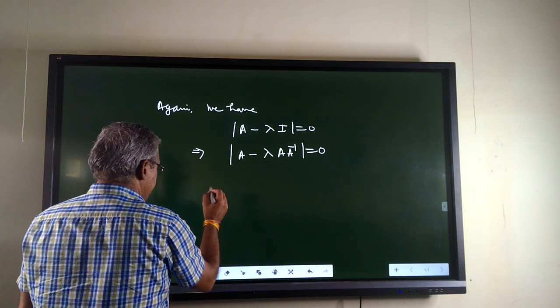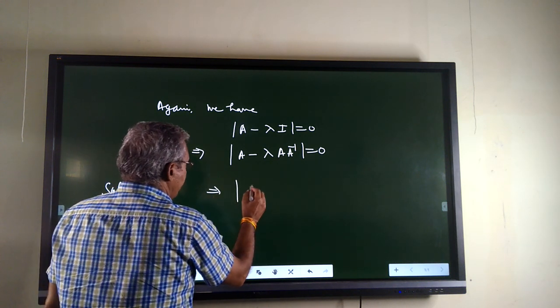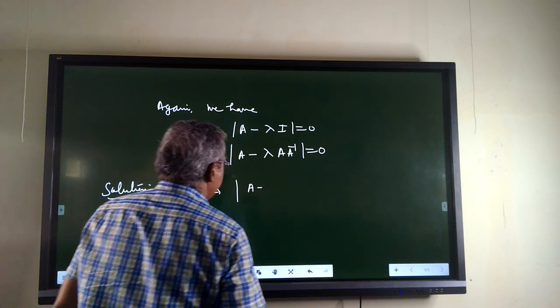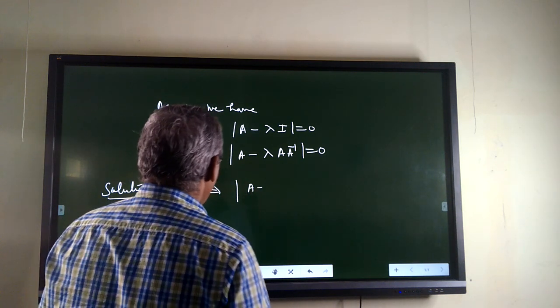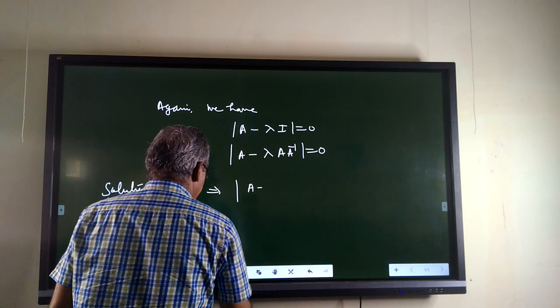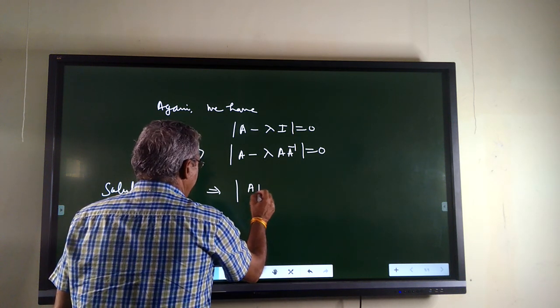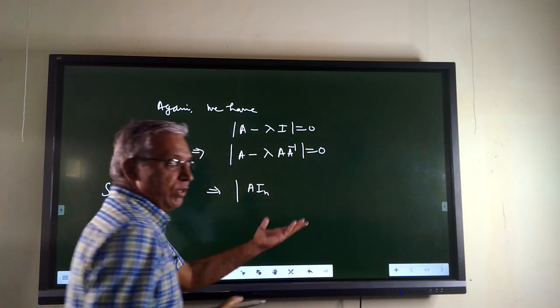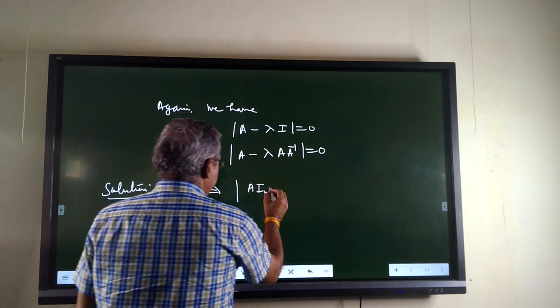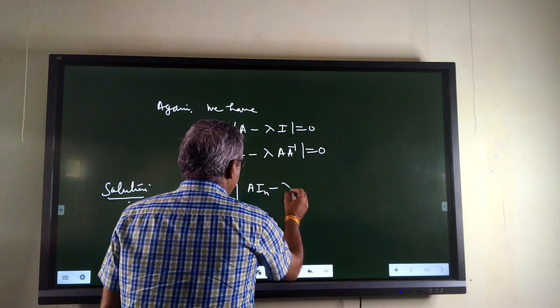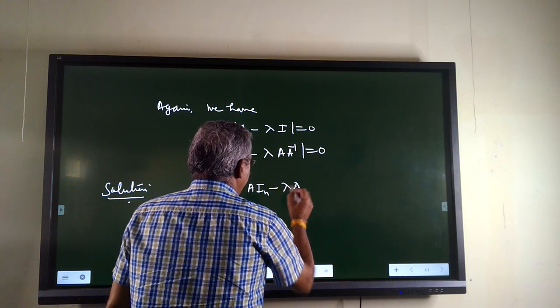This can be written as determinant of A minus lambda A, where I is a unit matrix of order n by n.